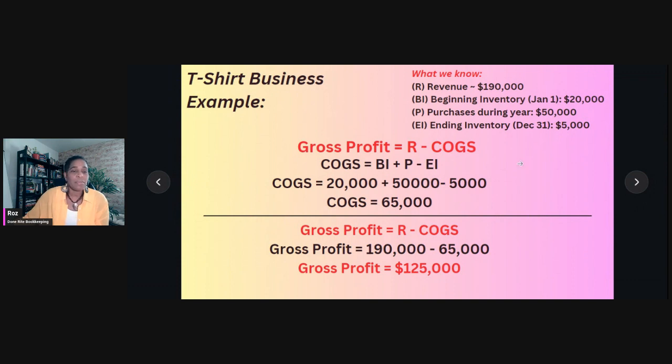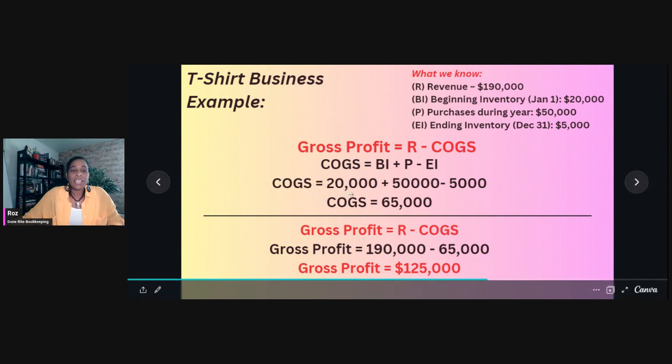All right. So let's plug in some numbers. The gross profit is equal to R, which R is what? Revenue, you got it, minus the COGS, which are cost of goods sold, right? So the cost of goods sold equals the BI, beginning inventory, plus the P, the purchases, minus the EI, which is the ending inventory, right? So let's plug in some numbers.